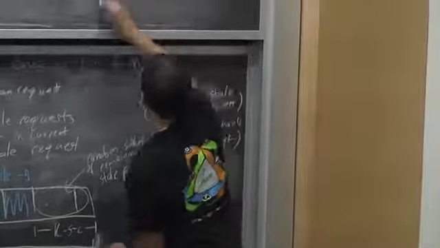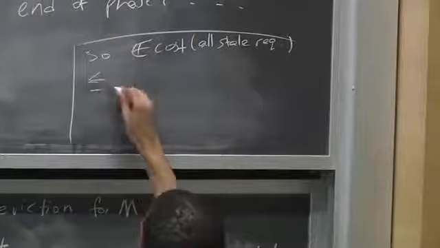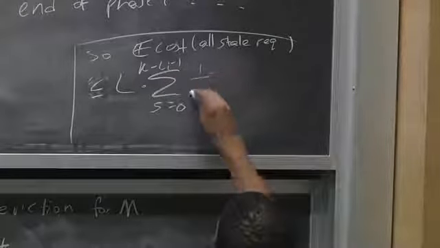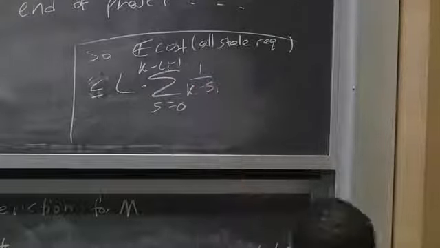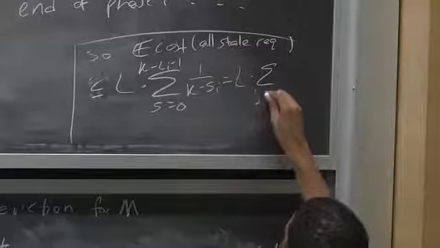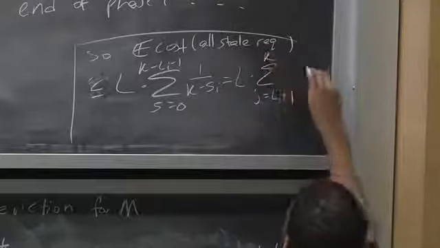So expected cost of all stale requests is at most L times the sum from s from 0 to k minus li minus 1 of 1 over k minus s, which is exactly the sum, L times the sum from j going from li plus 1 up to k of 1 over j.